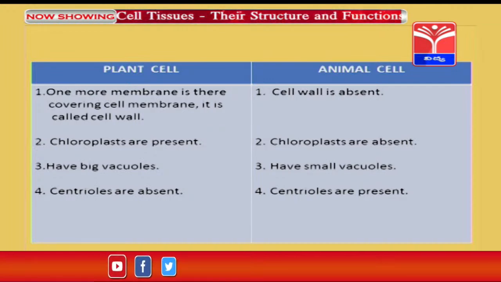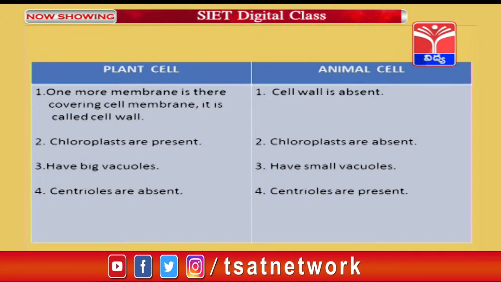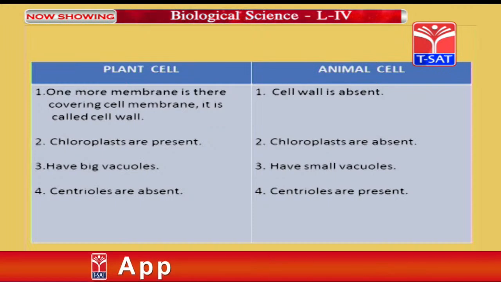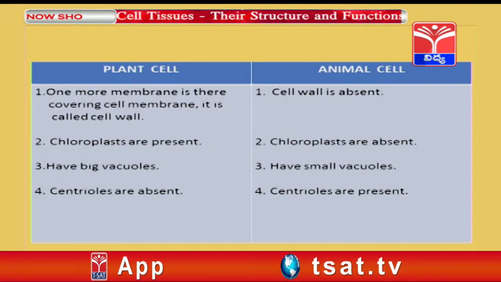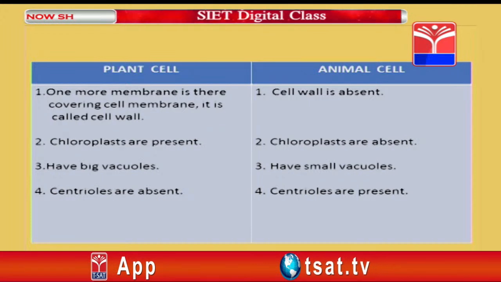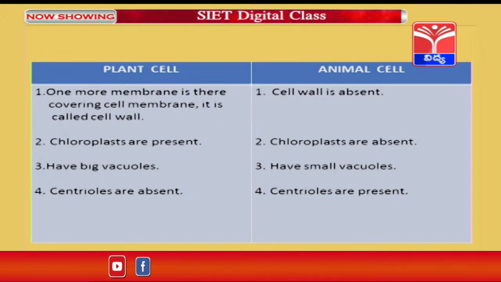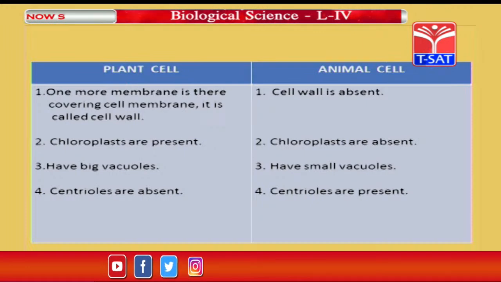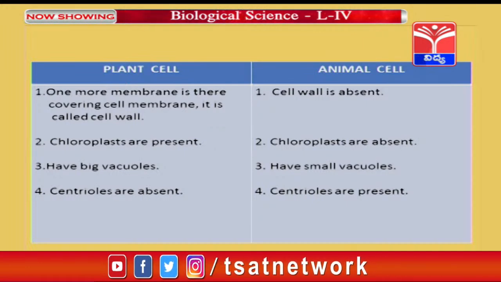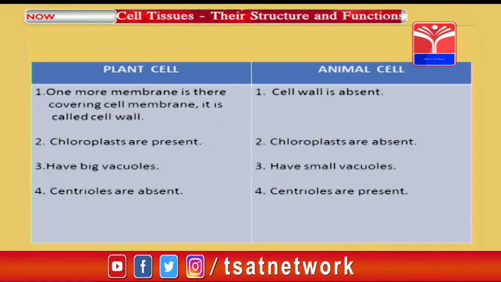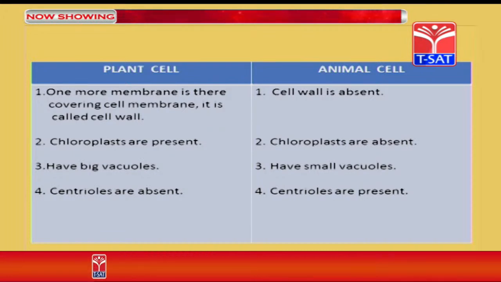In the animal cell, the cell wall is absent. In the plant cell, chloroplasts are present. In the animal cell, chloroplasts are absent. Plant cells have big vacuoles. Animal cells have small vacuoles. In the plant cell, centrioles are absent. In the animal cell, centrioles are present.